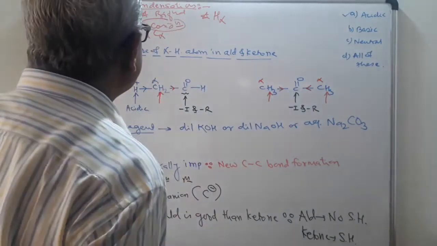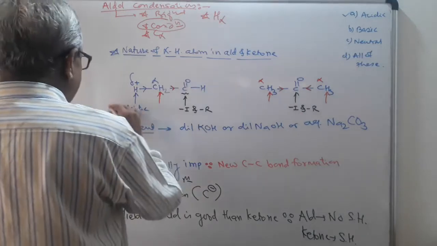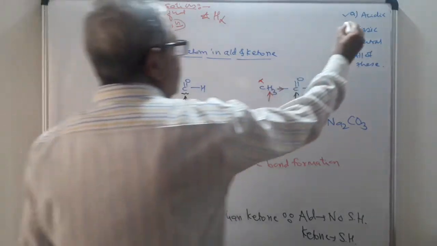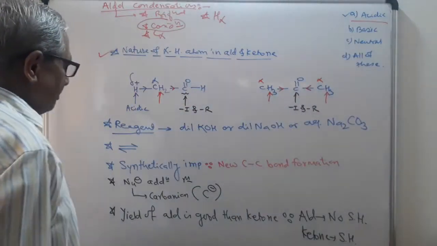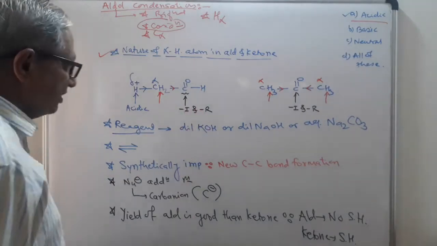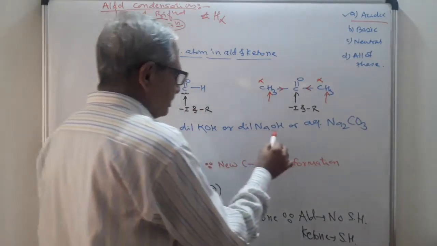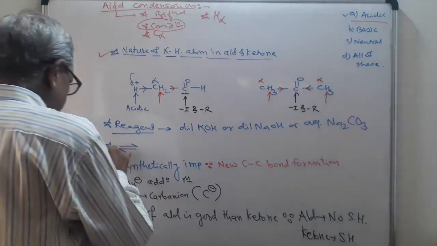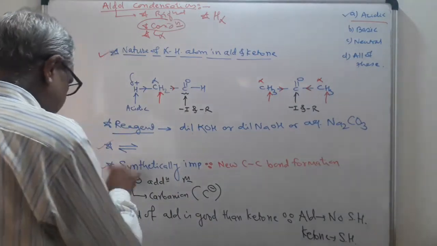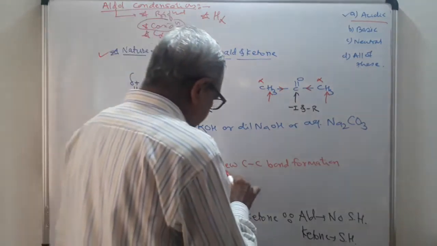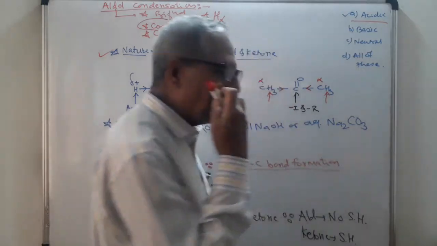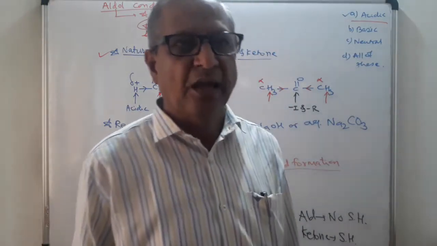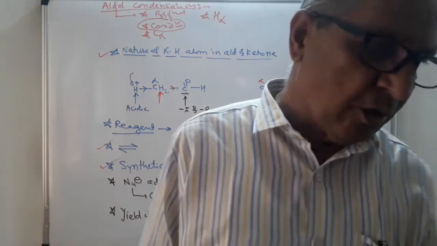Then next we should know the nature of alpha hydrogen. It is acidic in nature because the carbonyl group has -I and -R effect. The reagent used is dilute alkali or Na2CO3. It is a reversible reaction. It is synthetically important because new carbon-carbon bond formation takes place between 2 aldehyde molecules or 2 ketone molecules.